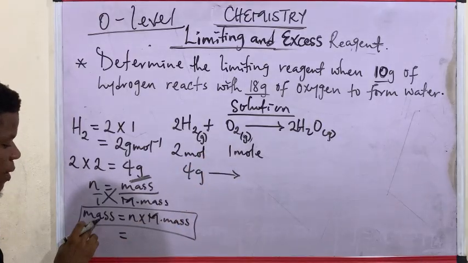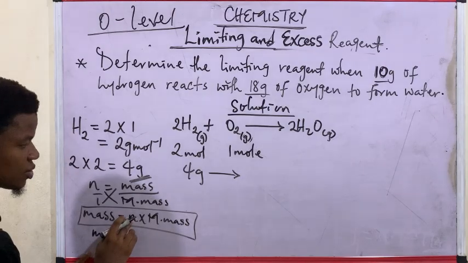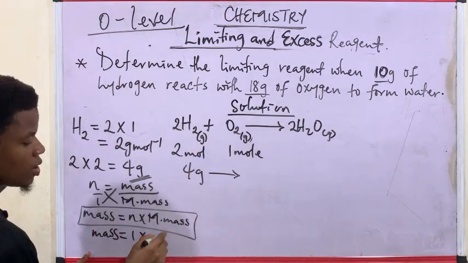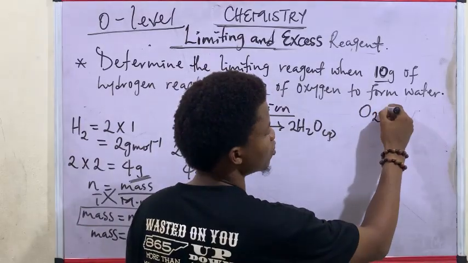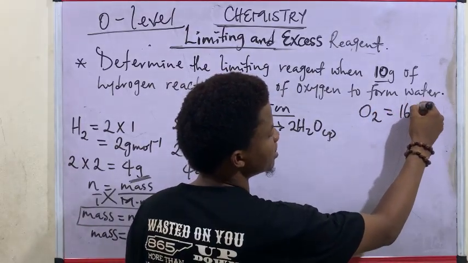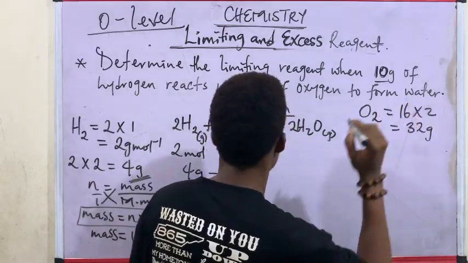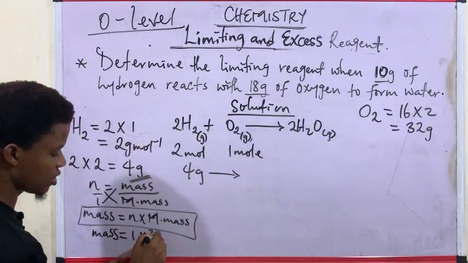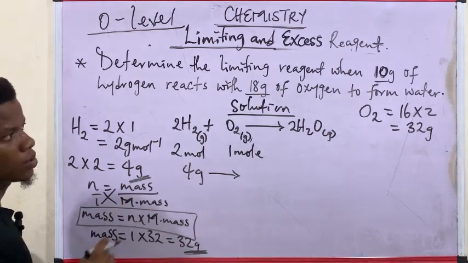Let's use this formula to get the mass: n, which is 1, times the molecular mass of oxygen. Oxygen, O2, is diatomic, so it's 16 times 2, which gives us 32 gram. So 1 times 32 is equal to 32 gram. Are you seeing it?